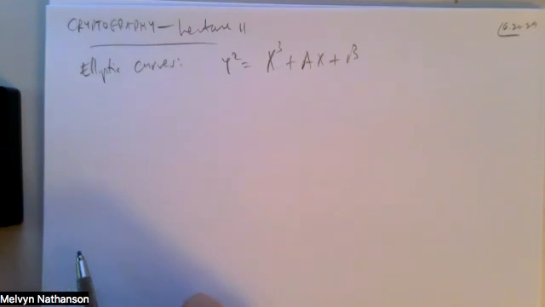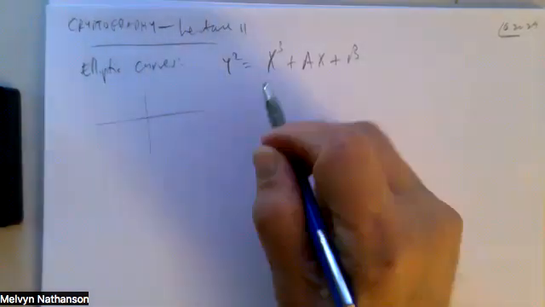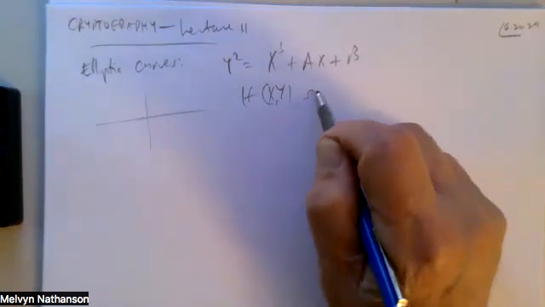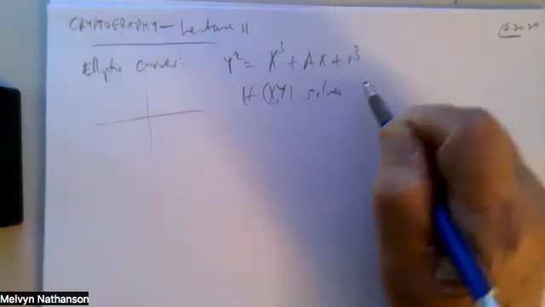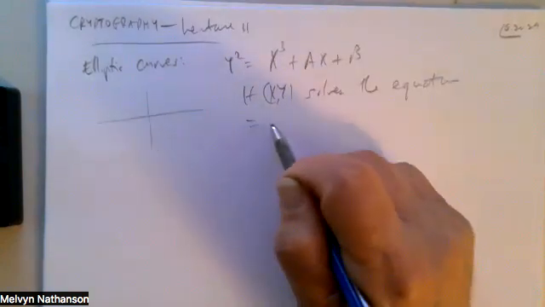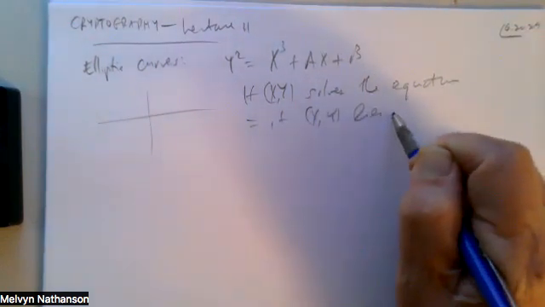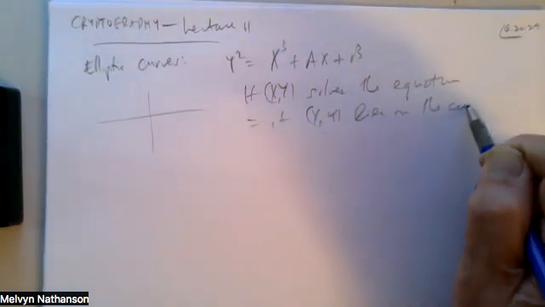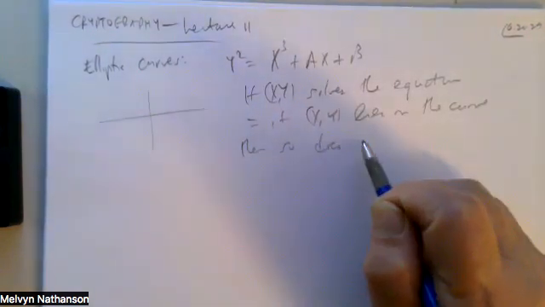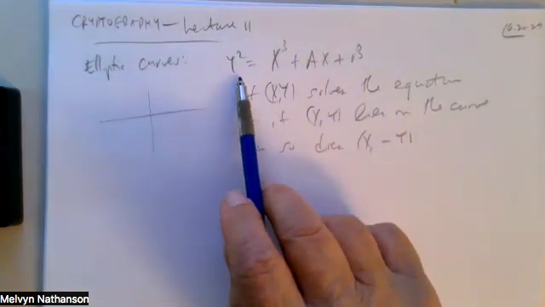And if you look at the graph of such a curve in the plane, you'll notice that if (x, y) solves the equation, which means the same thing as if (x, y) lies on the curve, then so does (x, minus y), because you only have a y occurring as a square.